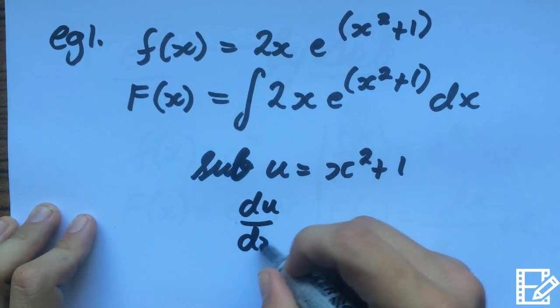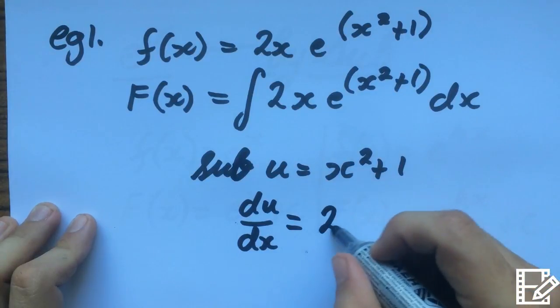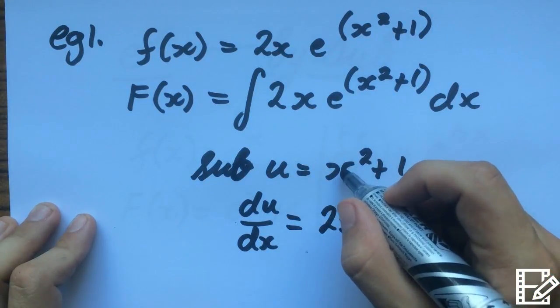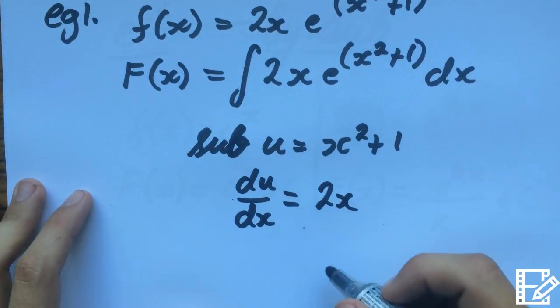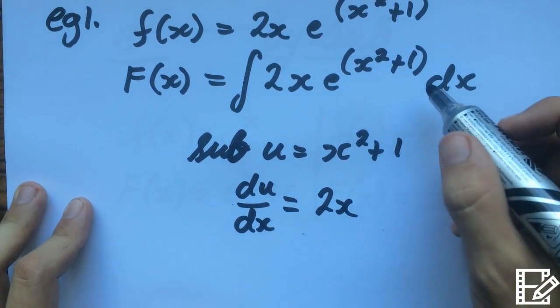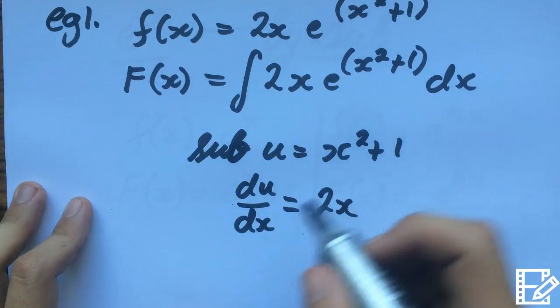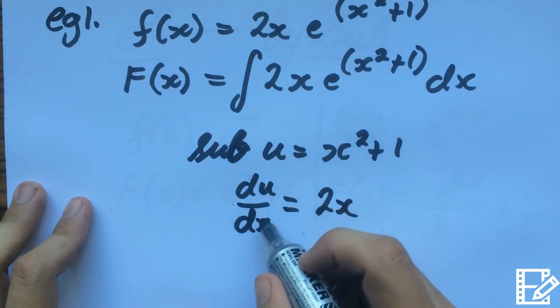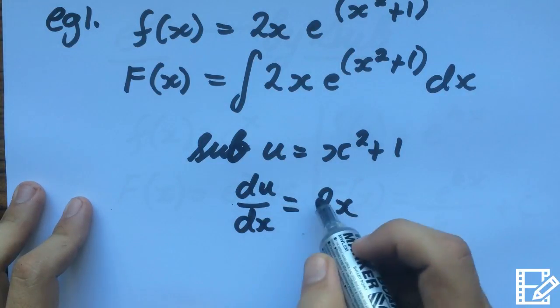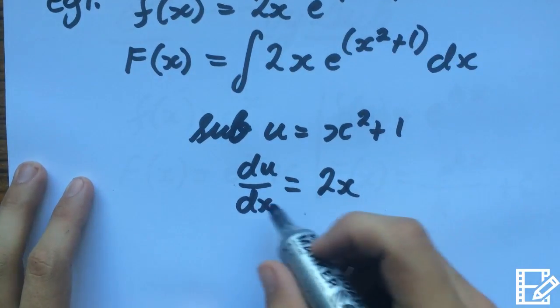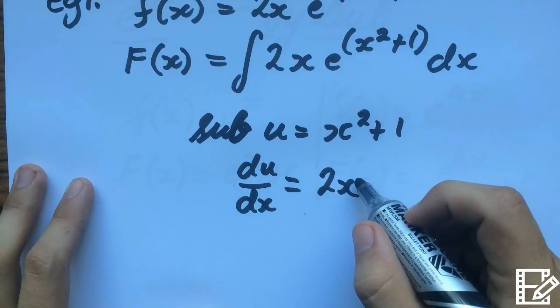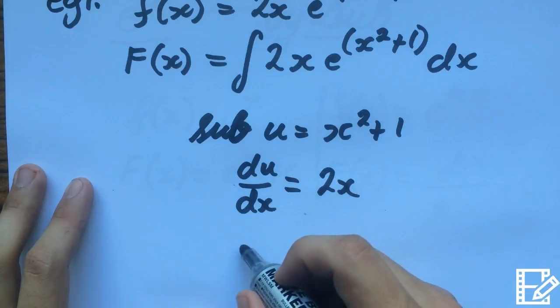du over dx equals 2x, because you derive x squared, you get 2x, you derive 1, you get 0. So it's 2x. Now, here we have a dx. Here we have a dx. We can rearrange this to make all of this, or part of this, equal dx. So we're going to multiply dx up to 2x, and we're going to divide 2x down.